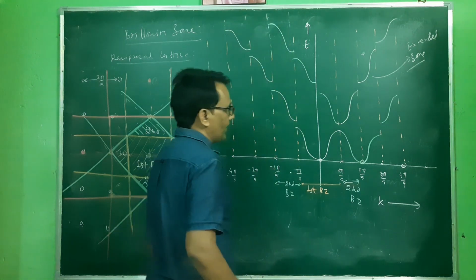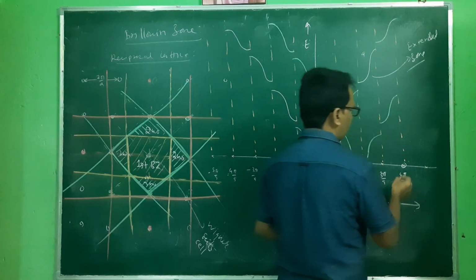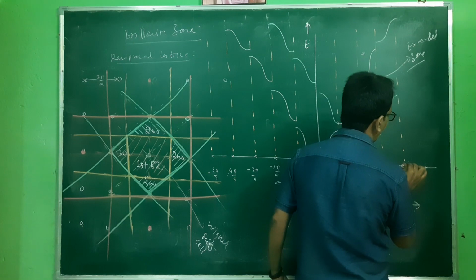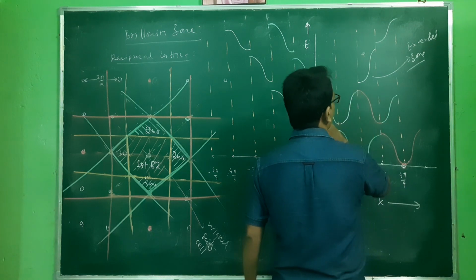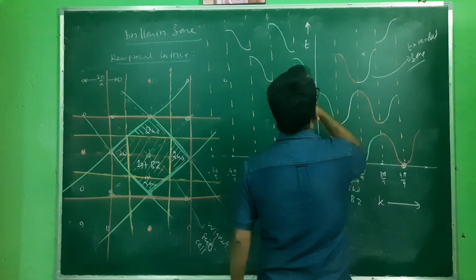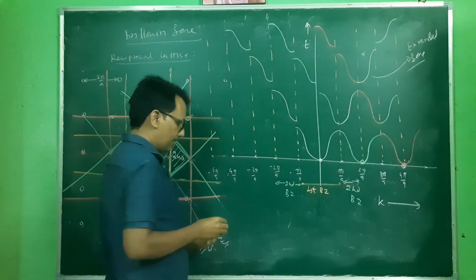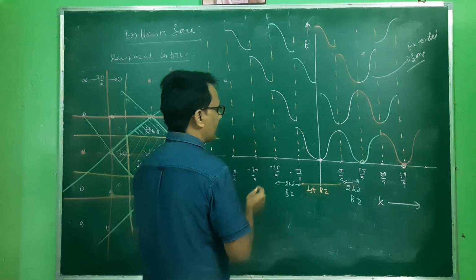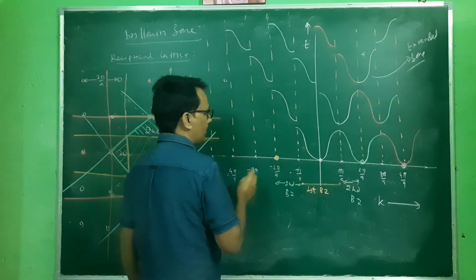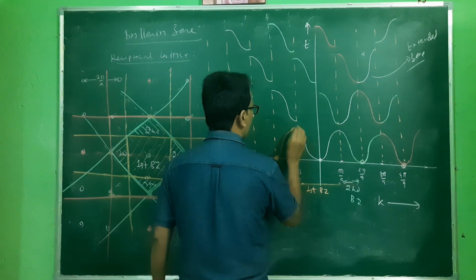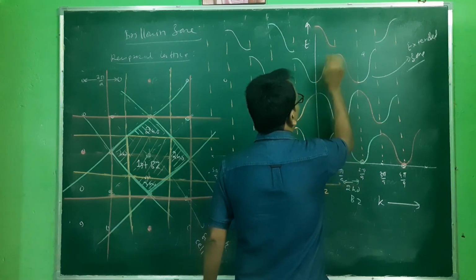Similarly, if we take this as a center, we can get this one, and if we take this point as a center, then one will have the diagram like this. This is the second region. Similarly on the second side, if we take this one as the center, by taking one gap, one will have this, this one, and this one.